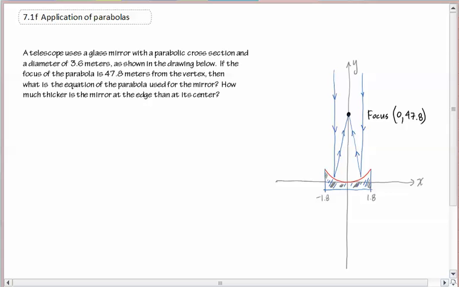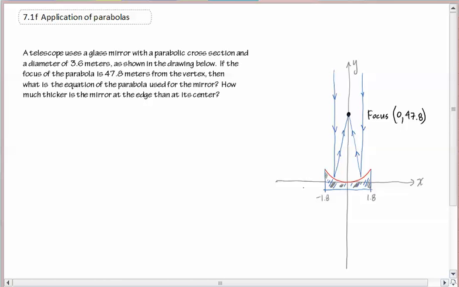Alright, so let's take a look at just the basic setup of this parabola. The parabola is the red edge of this glass mirror. Here's the glass mirror right there. And what we've done is we've placed a coordinate plane right through the vertex, the center of that parabola.